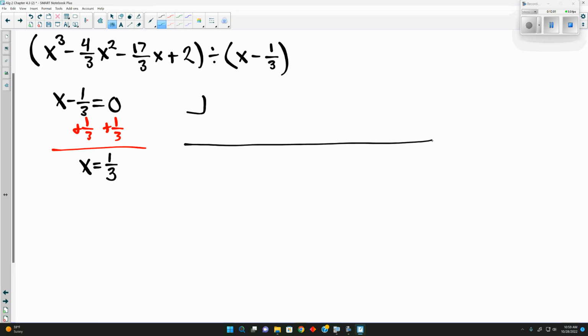So the number that goes in the cubby hole is 1/3. The numbers that go across the top are going to be 1, -4/3, 17/3, and 2. Drop the 1.